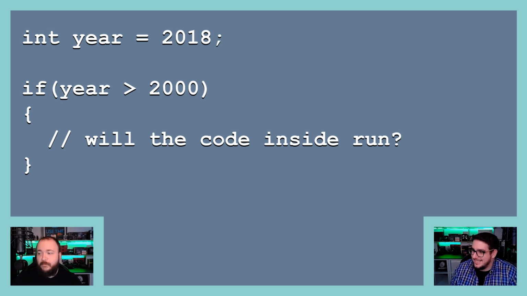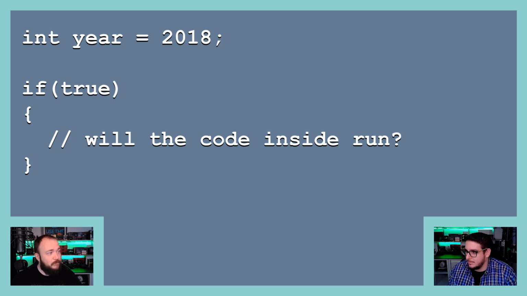So the variable year has the value 2018, and what the computer is doing is asking: is 2018 bigger than 2000? That is true. So we will go inside the code block.